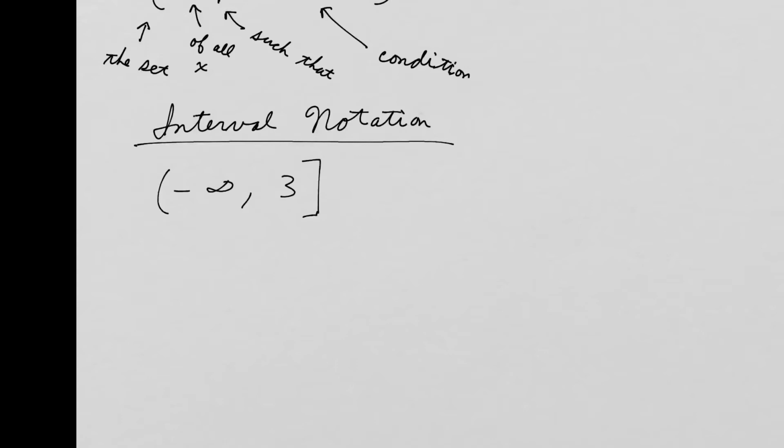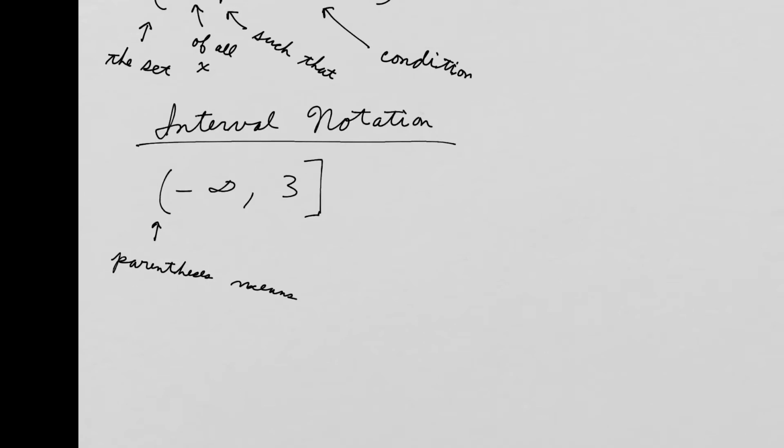So parentheses means don't include the endpoint. And you always use parentheses whenever you have negative infinity or infinity, because they're not really numbers, right?